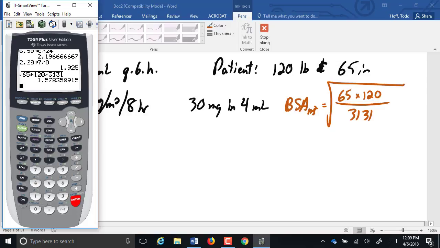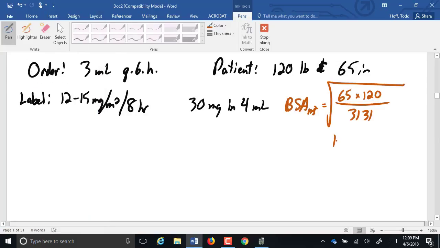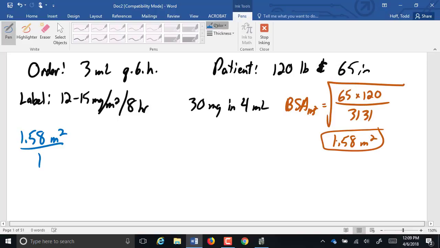Giving us 1.58 meters squared for a body surface area. So that's where we start our dosage calculation. So 1.58 meters squared. We're going to do the max dose of 15 milligrams per 1 meter squared.